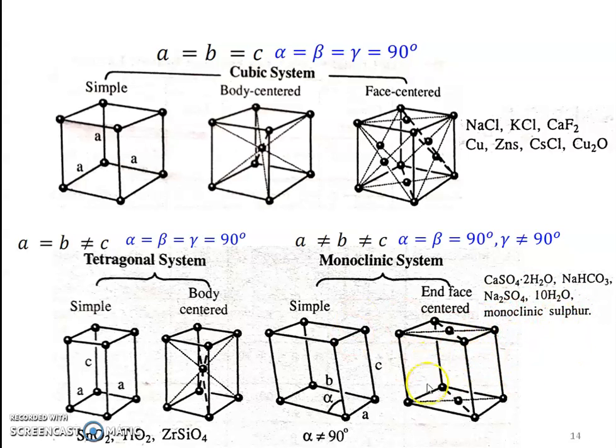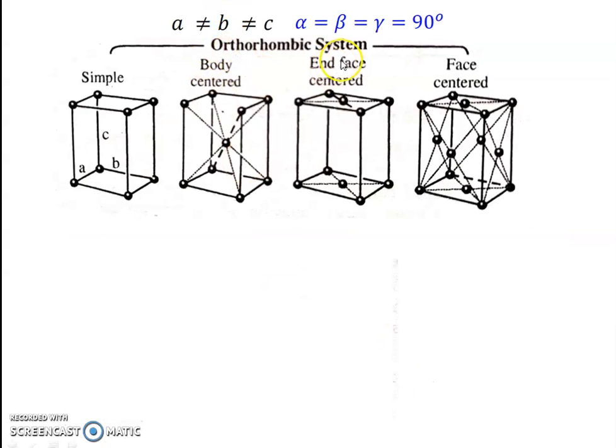These are the examples of the monoclinic system. Next, orthorhombic. It may have 4 Bravais lattices: simple, body centered, end centered, and face centered. Examples are barium sulfate, potassium nitrate, magnesium silicate, potassium sulfate, cadmium sulfate and silver bromide.